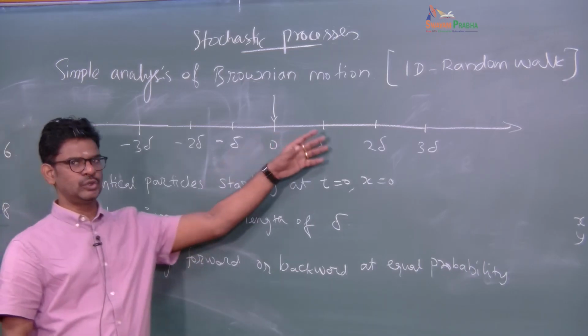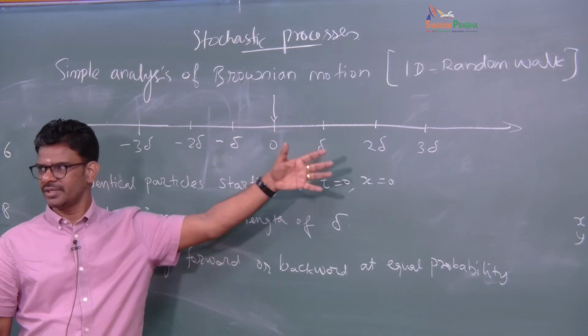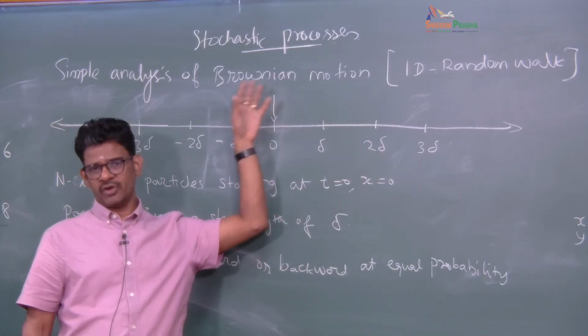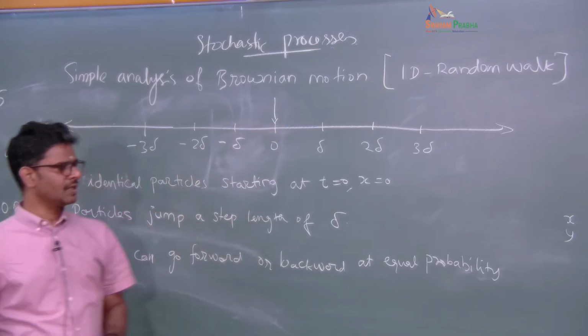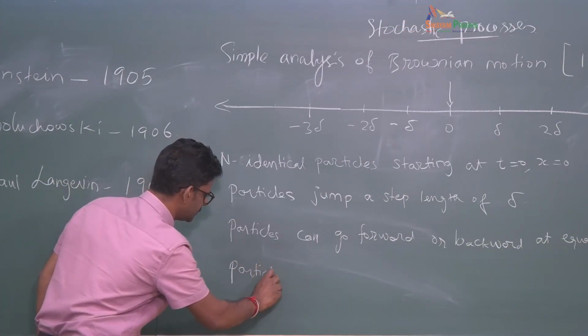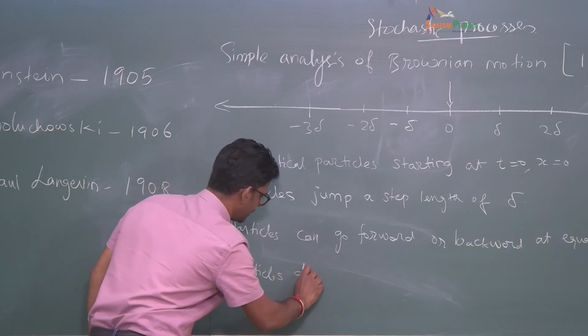Here we have only two options. When you say equal probability, I mean 0.5 to the left and 0.5 to the right. That's the probability. We also will say that the particles do not interact.